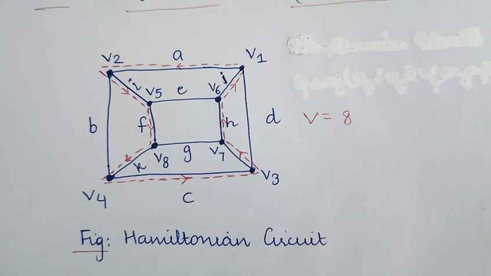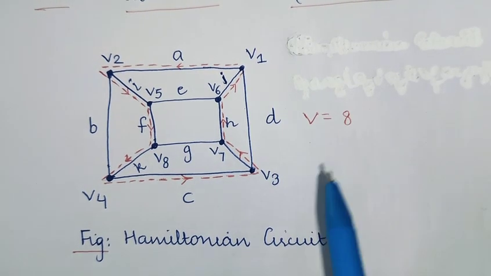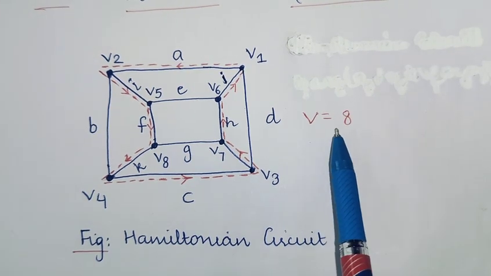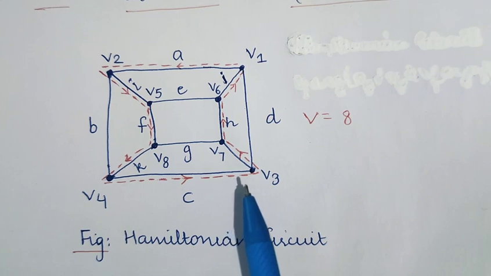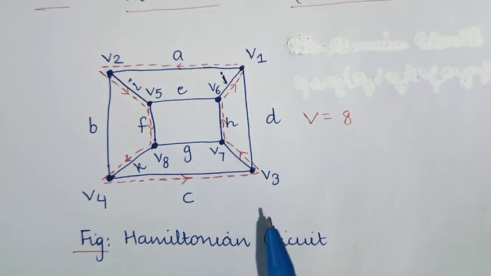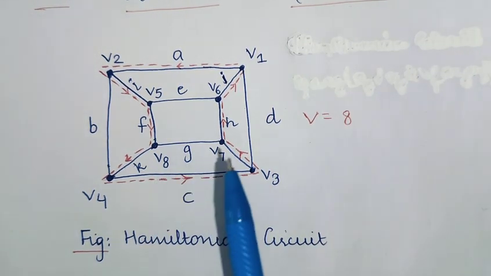If all of them are covered, good. Even if all are not covered, that would not affect. The only thing that matters is that all the vertices must be visited once. And here I can see that there are a total of 8 vertices in this graph. That means a closed walk which I find should contain all these 8 vertices.